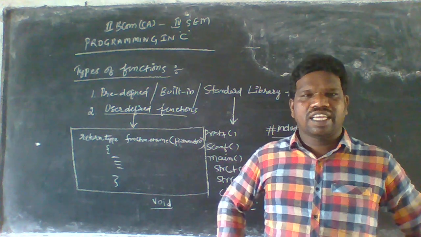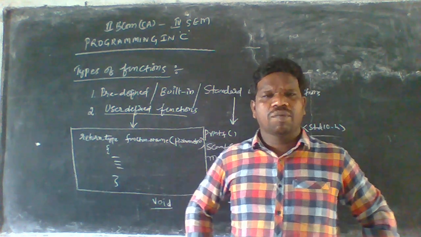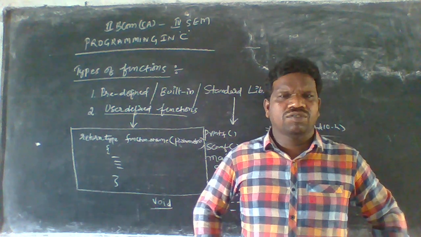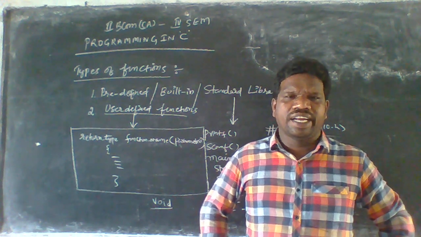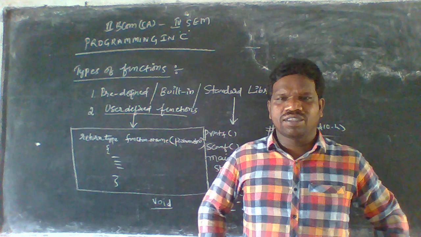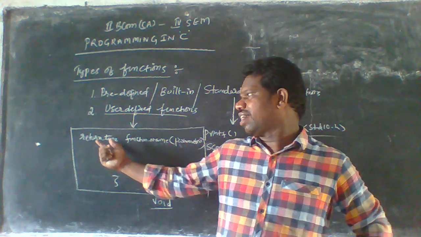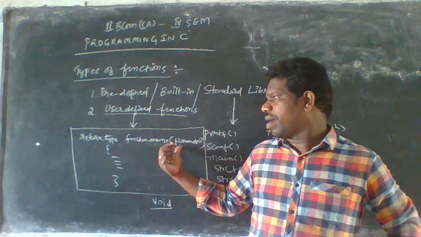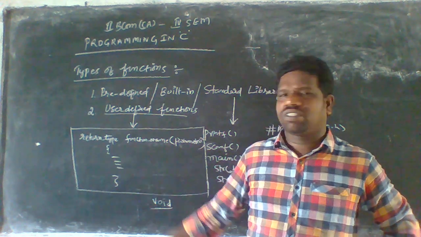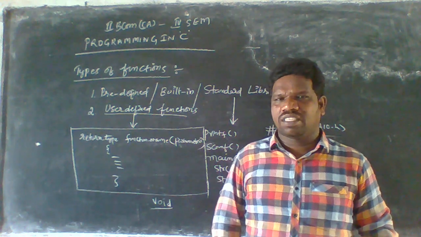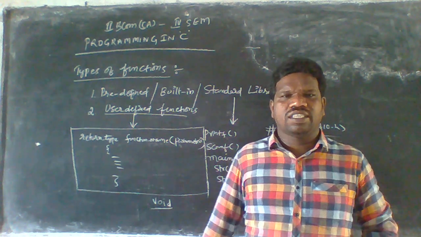User defined functions can be defined by the user or programmer at his convenience. When the programmer declares any function, he needs to follow this syntax: specify the type, function name, parameters, and open and close curly braces.